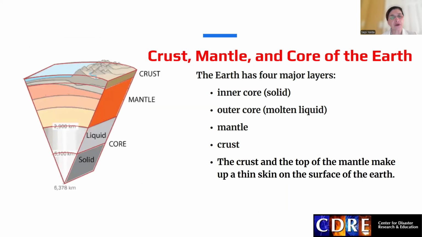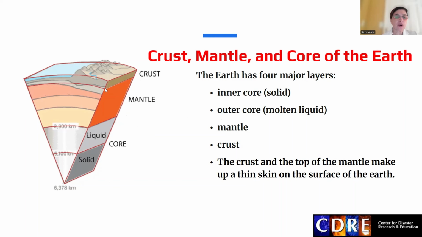Before we get started on earthquakes, it's really important to understand the structure of the earth. And again, if we look at this cartoon diagram here that shows the components of the earth, which is the crust, the mantle, and the core of the earth. And as you know, the core has two components, the inner, which is solid, and the outer, which is the molten liquid.